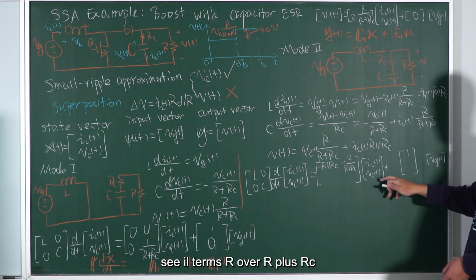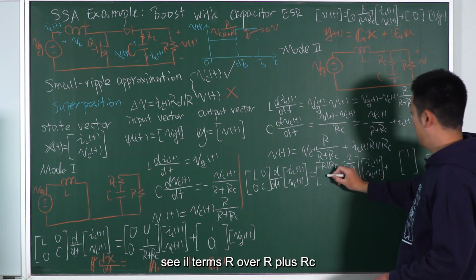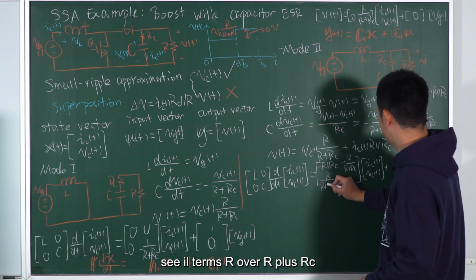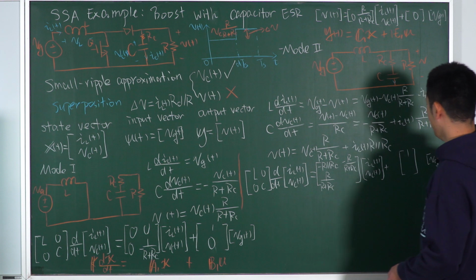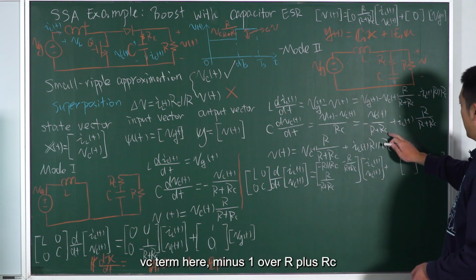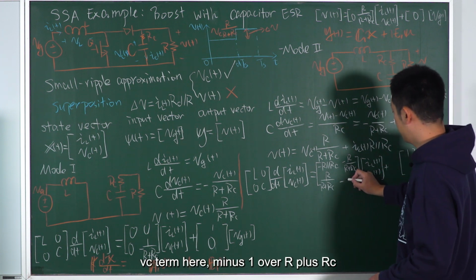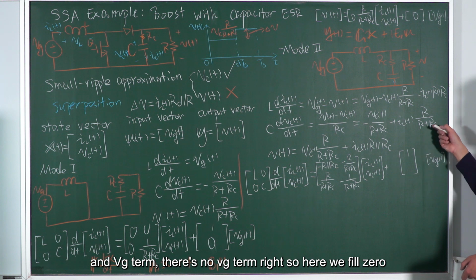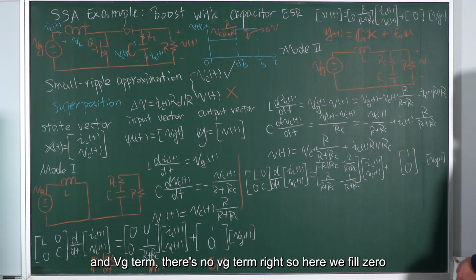The IL term is R over R plus RC. The VC term here is minus 1 over R plus RC. And there's no VG term, right? So here we fill 0.